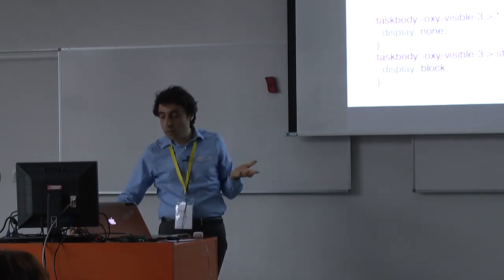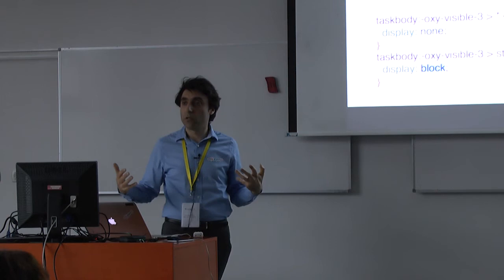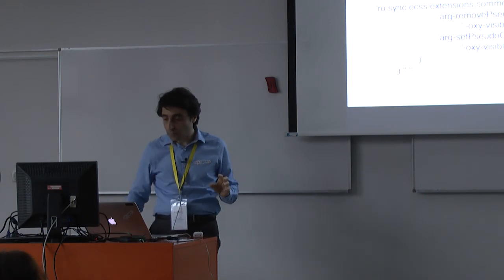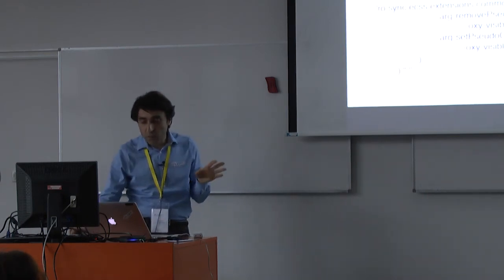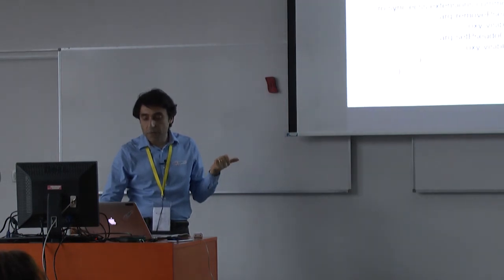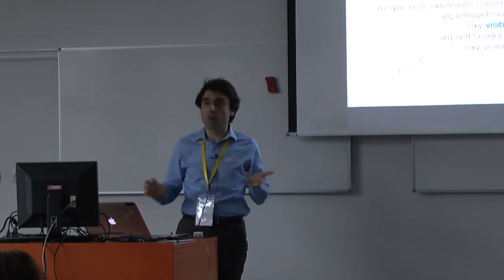And then for the third tab, again we say steps has a display block. When you click on the tabs, say you click on the prerequisites, then we enable visible-1, but we remove visible-2, visible-3, and visible-4, for instance.